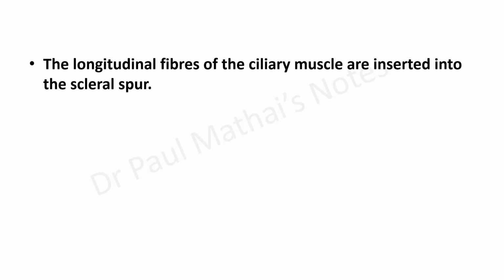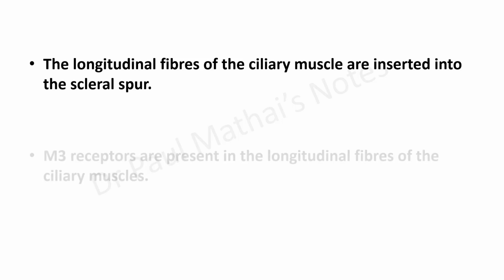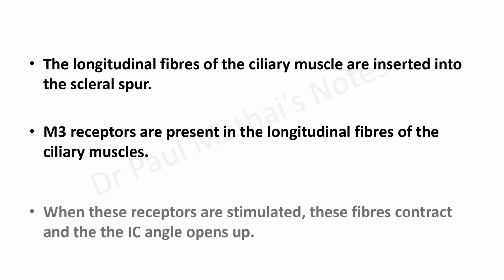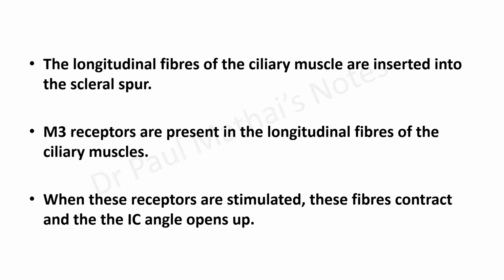As we mentioned, the longitudinal fibers of the ciliary muscle are inserted into the scleral spur. M3 receptors are, of course, present in the longitudinal fibers of the ciliary muscles, and upon stimulation, these fibers contract and the iridocorneal angle opens up.